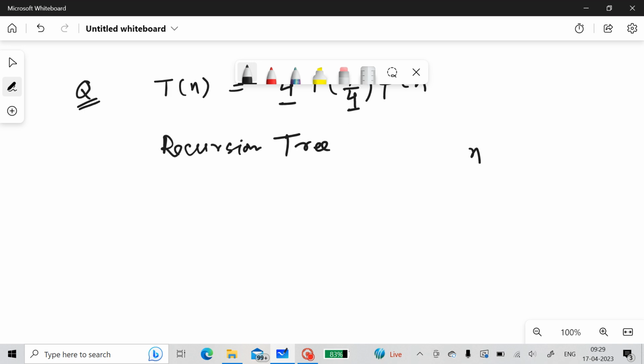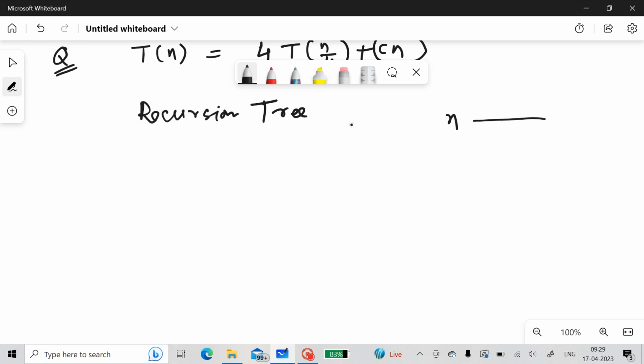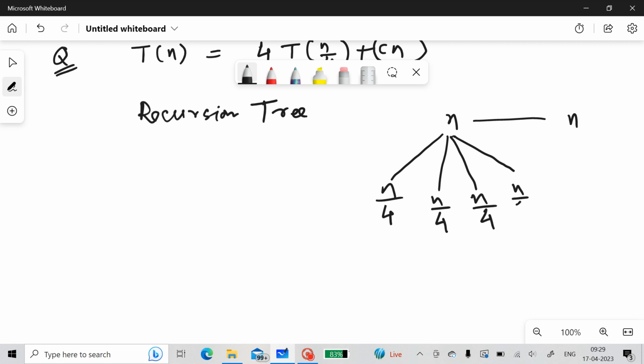This is your original input of size n, and because you have linear time in the equation, you take linear time at each level of the tree. This is the input level, and you are splitting into 4 subparts: n over 4, n over 4, n over 4 and n over 4.